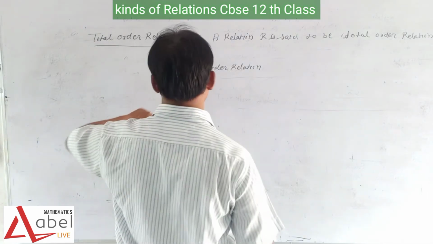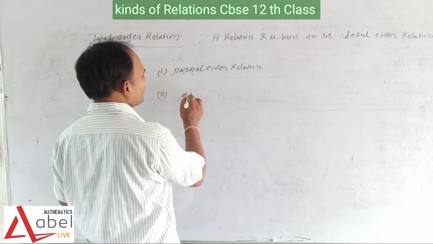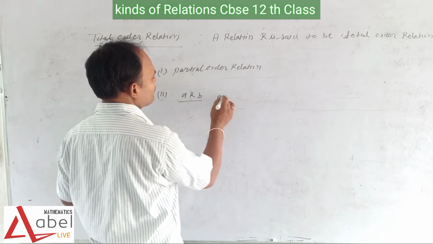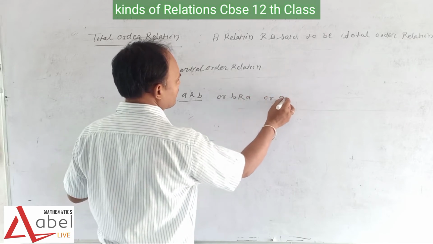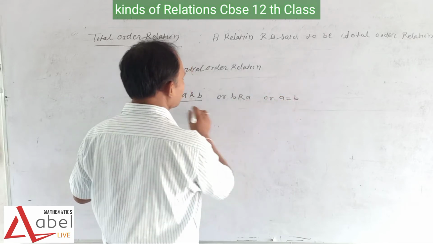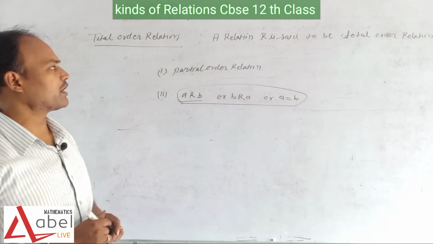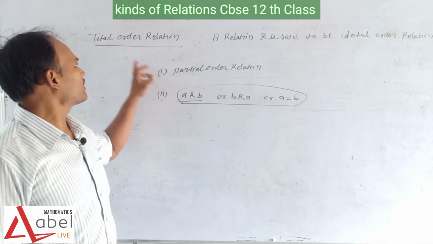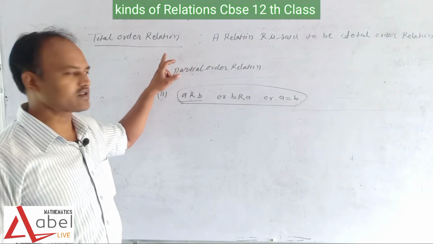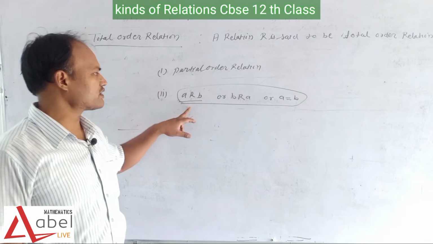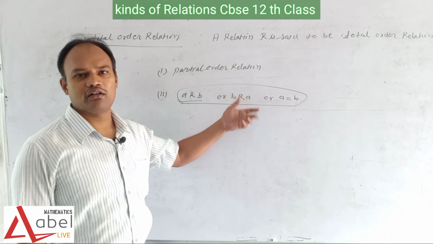Now the second thing is ARB, A is related to B, or BRA, or A equals B. If any of these 3 relations is found with a partial order relation, we can say that it is a total order relation.